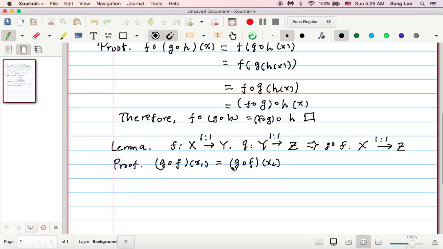What we want to show is that the pre-images x1 and x2 have to be the same. So this implies, by definition, the left-hand side is g of f of x1. That equals, the right-hand side again by definition, g of f of x2.